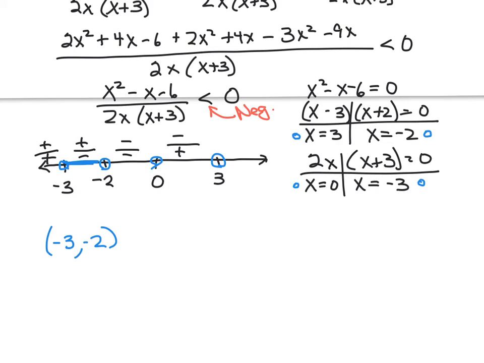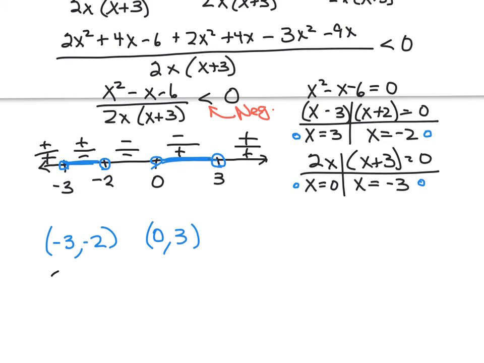Negative divided by positive is the right answer, so I want this section, so that goes from 0 to 3. And when I check my last section, how about 4? Positive, positive, positive numerator. Denominator, positive, positive, positive denominator, and that will not give me a negative solution.